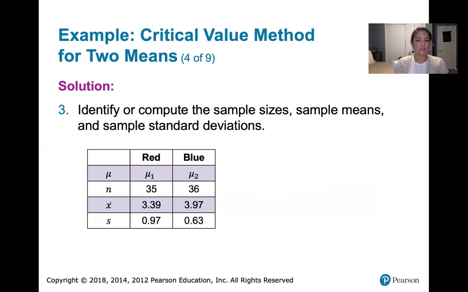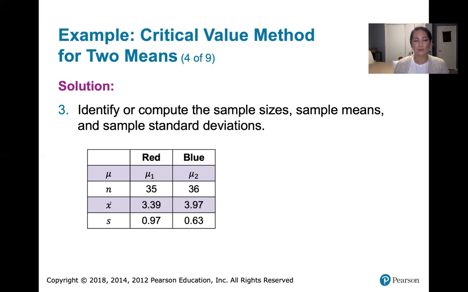So you can use technology like Excel to compute that, or you can do everything by hand. But I would highly recommend that you use technology to do that computation in order to save yourself some time. Now, if the sample sizes are small, you could do that by hand using the formulas from chapter 3, which you'll have access to during the exam.